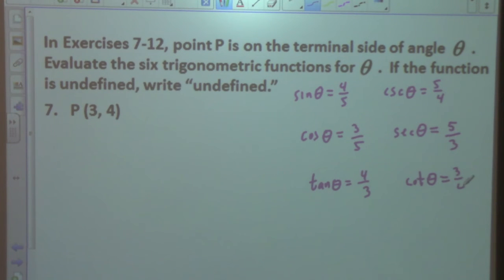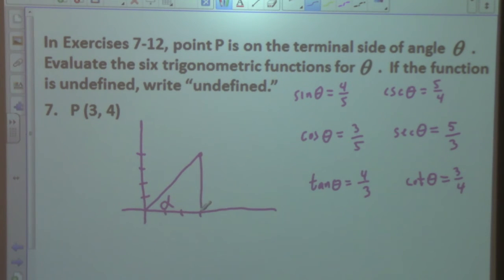Did you draw a picture of this? Yeah, I didn't draw it right. What I would do for this, and this is just mine, is go to the right 3 and up 4. So something like this, and here's your reference angle right here.